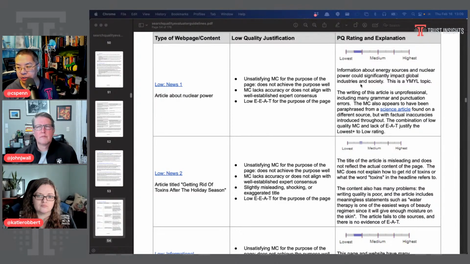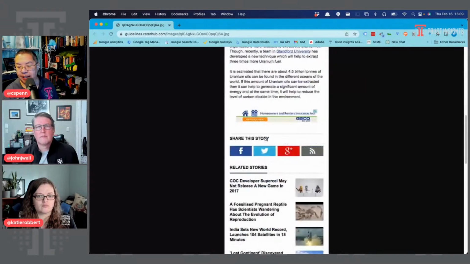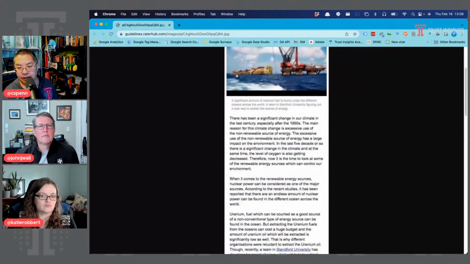Information about energy sources and nuclear power could significantly impact global industries and society. This is a Your Money or Your Life topic. The writing of this article is unprofessional, including many grammar and punctuation errors. The main content also appears to be paraphrased from a science article found on a different source, but with factual inaccuracies introduced throughout. The combination of low quality main content and the lack of EAT justify the lowest to low rating. So that's essentially an explanation.